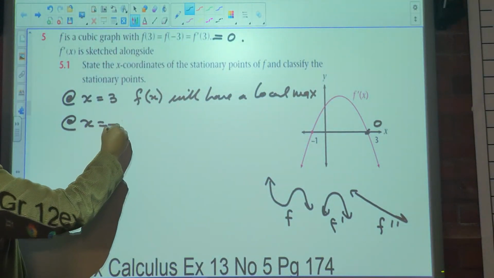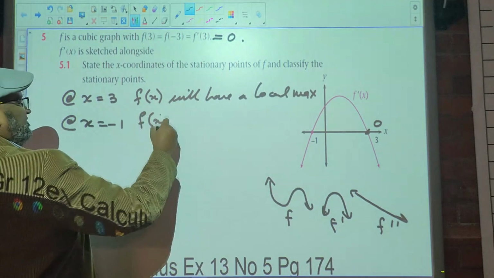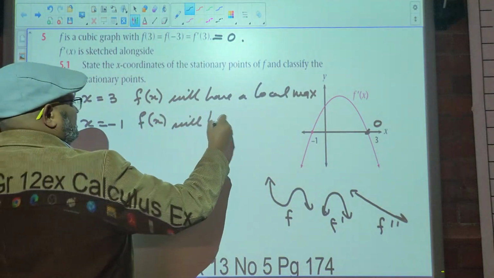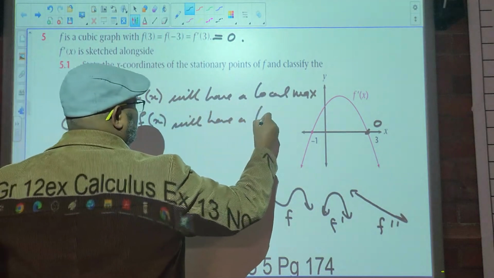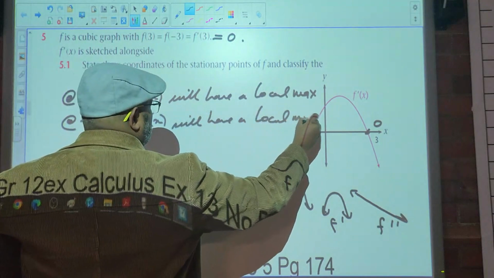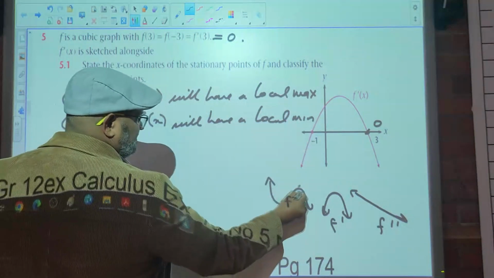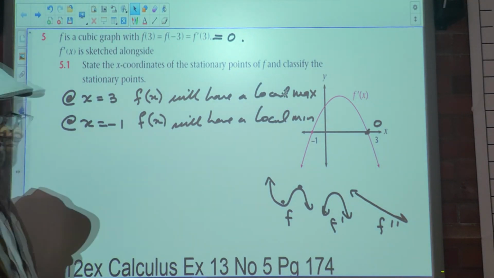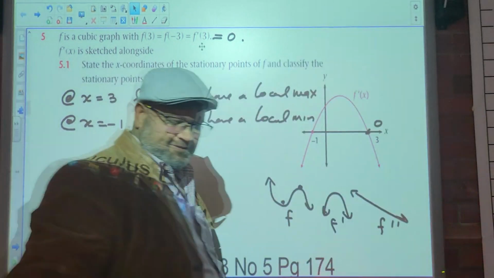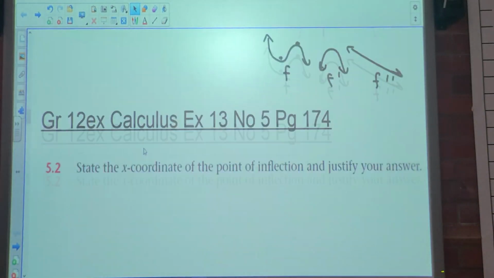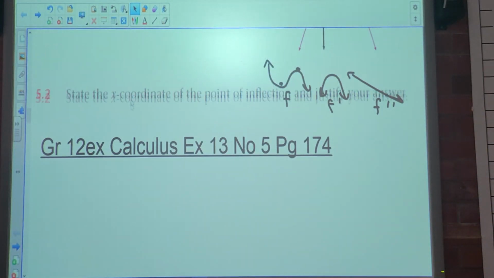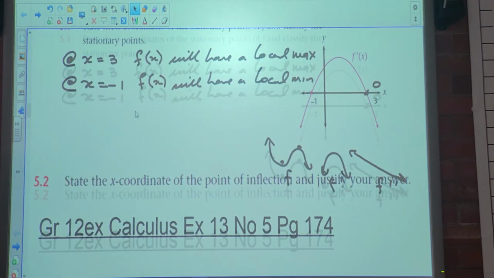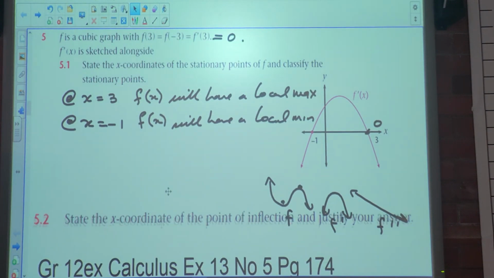And at x is equal to negative 1, f of x will have a local minimum. Can you see that, people? That will be at the bottom, and of course at the top. Okay. And 5.2. In question 5.2, we are asked to state. Pull this up here.